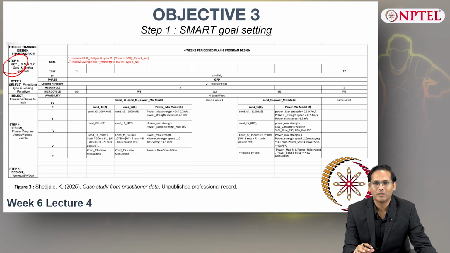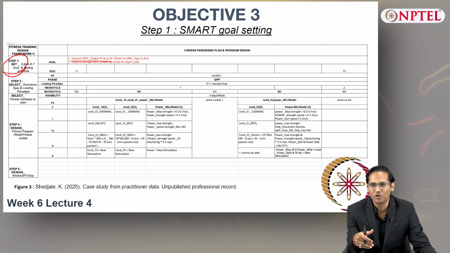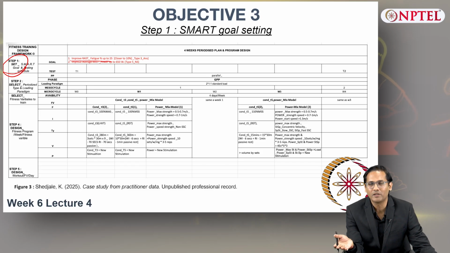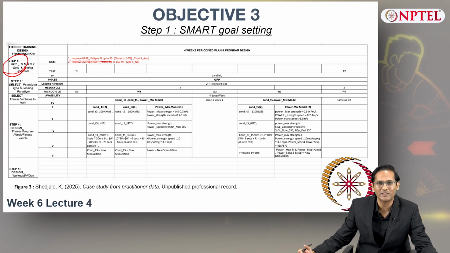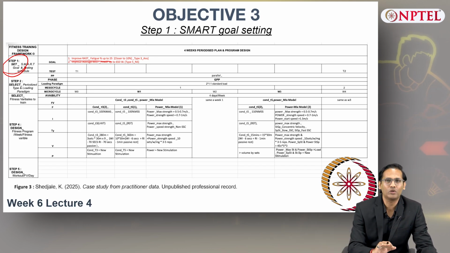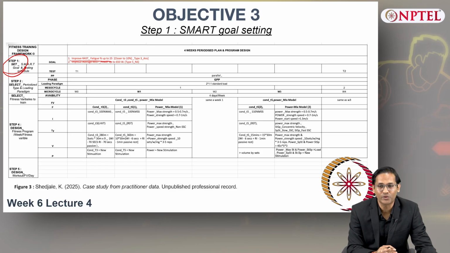So this is a 4-week periodized plan. 2 cycles are created, one cycle, another cycle of again 1:1. So I am giving a stimulation for 1 week, then I am giving a retaining for the 2nd week. Again I am giving a new stimulation in the 1st week, and then again a retaining for the 2nd week. So a periodized training is created.